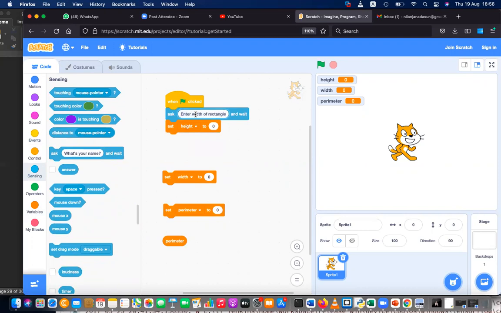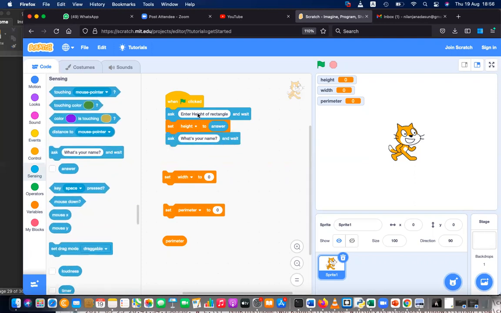Enter height of the rectangle. I can set height to the answer given by the user. Then ask, enter width of the rectangle, and set width to the answer given by the user.